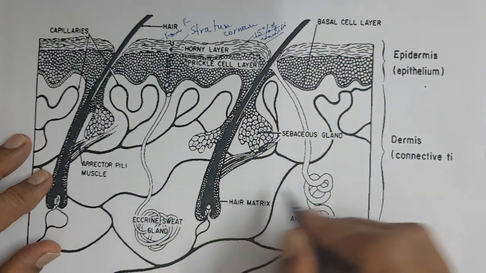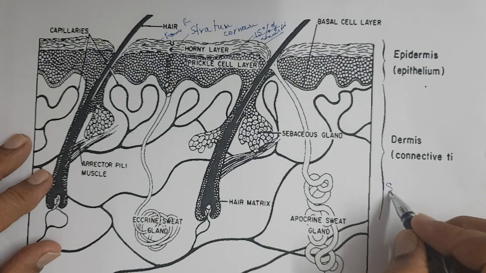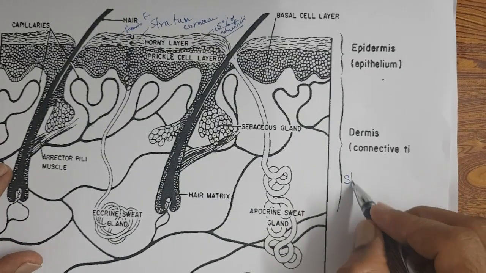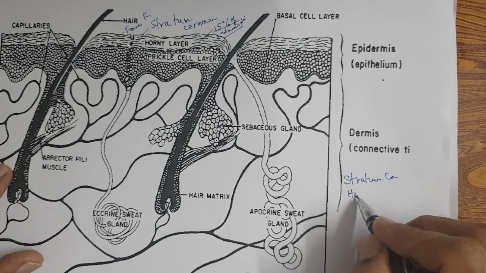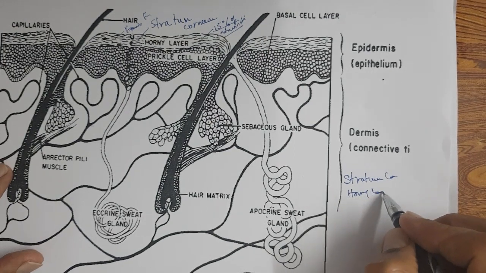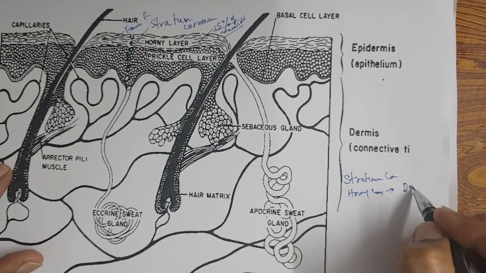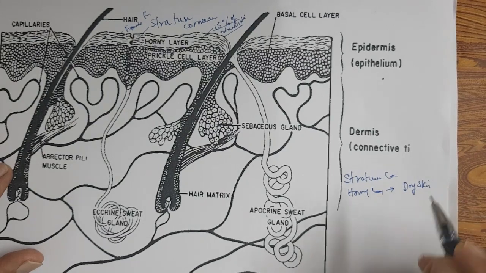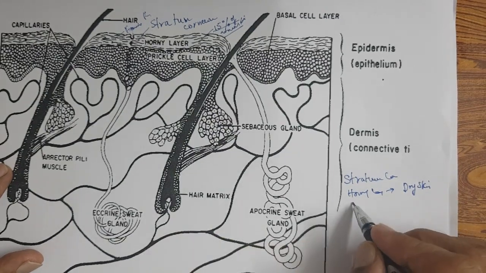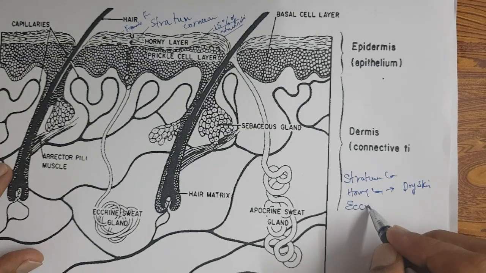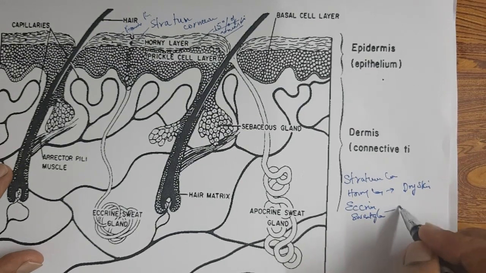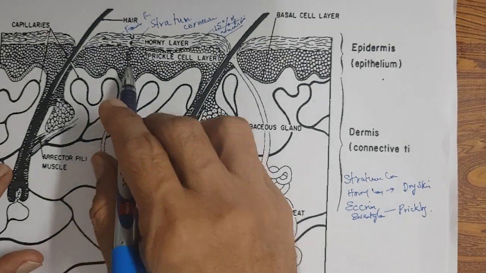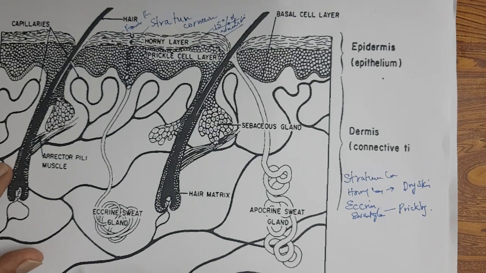So the stratum corneum or the horny layer is the cause for dry skin, then the eccrine sweat gland is the reason for prickly heat, right?